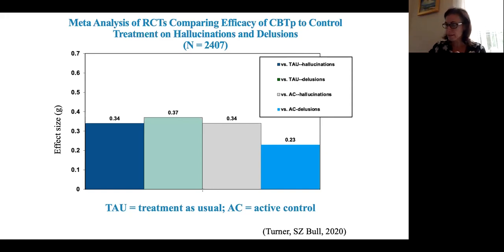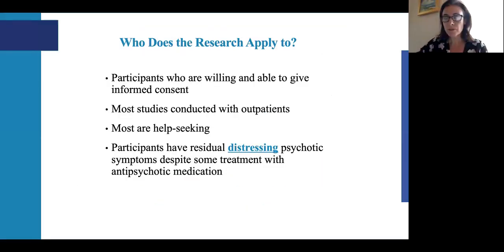Okay, next slide. It's also important to think about who this research applies to whenever you review things like meta-analyses. This is not every single person with schizophrenia who's consenting to be in these research studies. These are people who are willing and able to give informed consent. These are outpatients typically. They're help seeking, and that means that they have some distress.